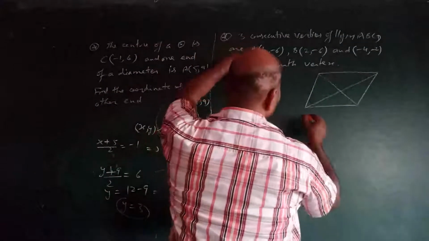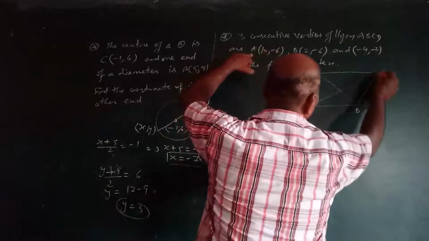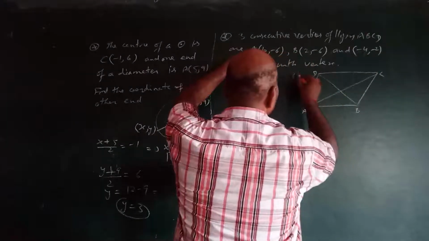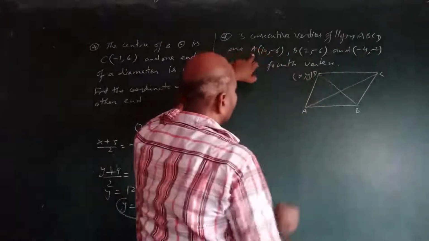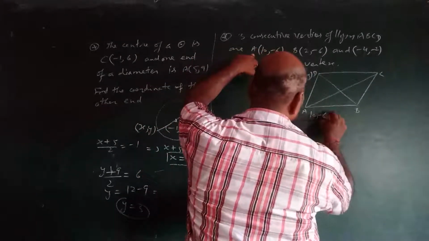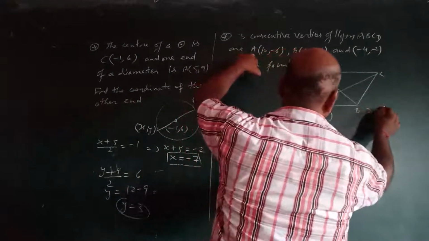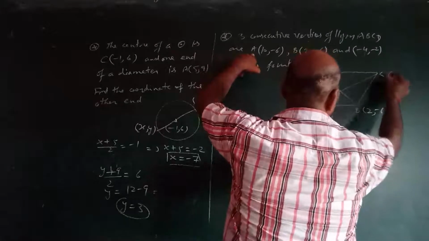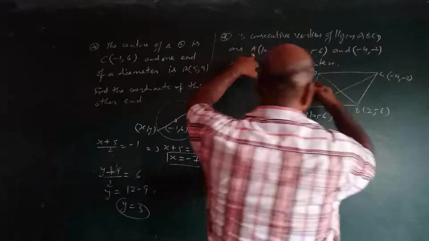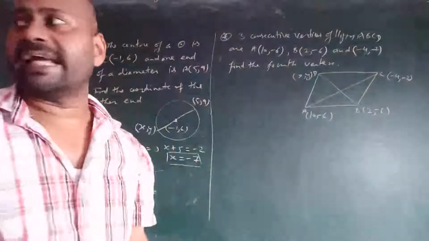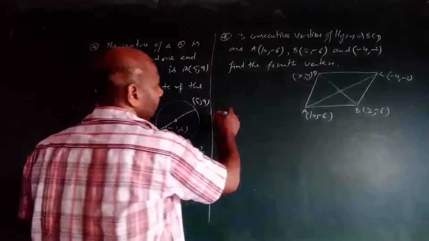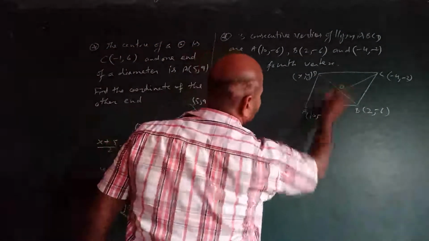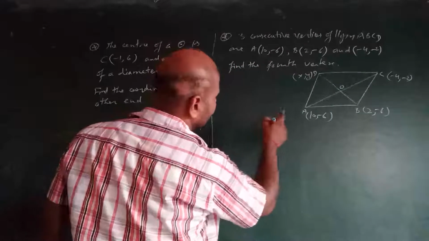We are saying three consecutive vertices A, B, C are given: A is (10, minus 6), B is (2, minus 6), C is (minus 4, minus 2), and we have considered D as (x, y). Now let the midpoint be O. What will the coordinates of O be?